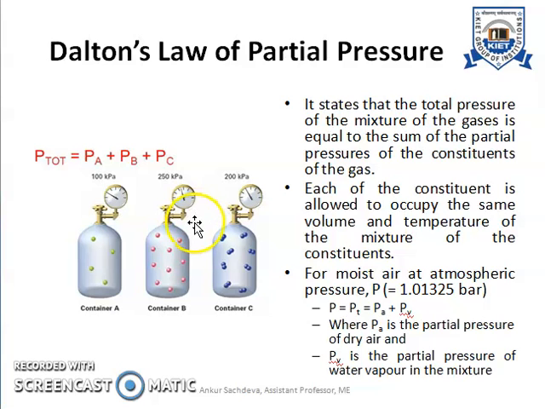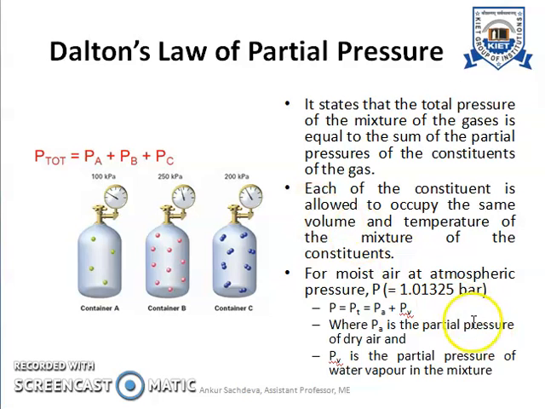This relation is valid, as I told you, if all three gases in the three different containers occupy the same volume and have the same temperature. Similarly, consider the moist air.